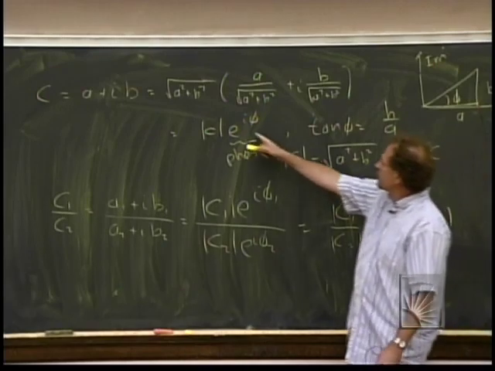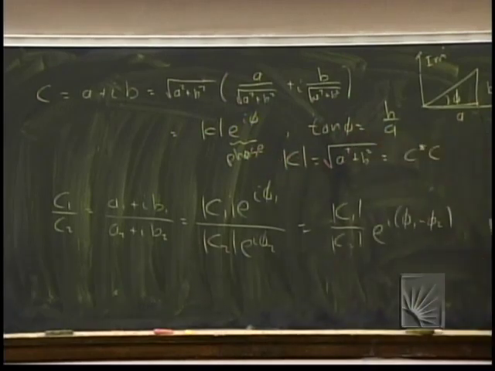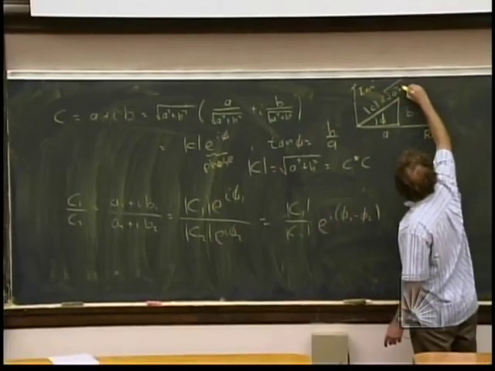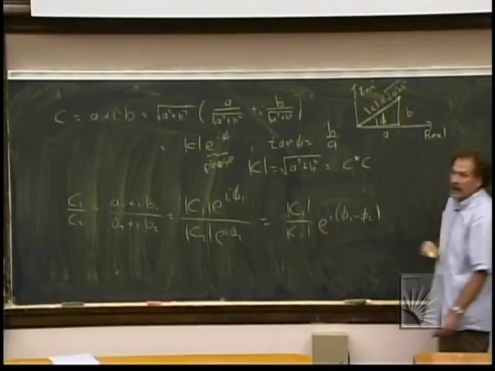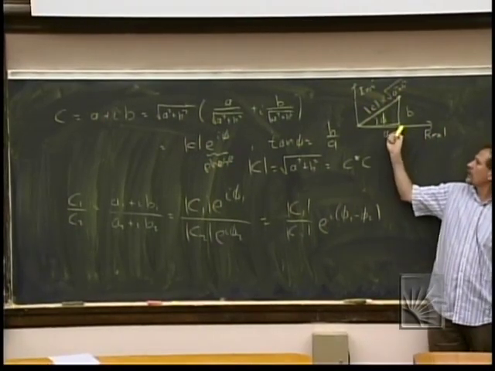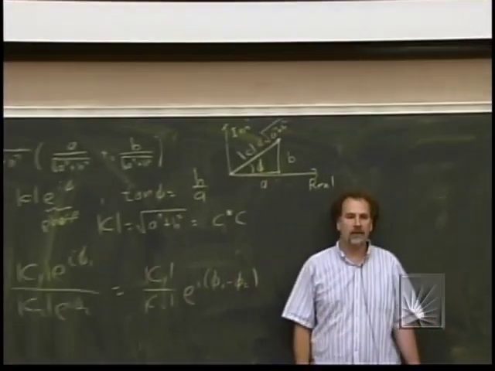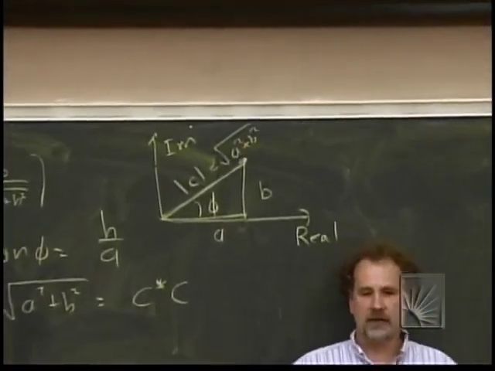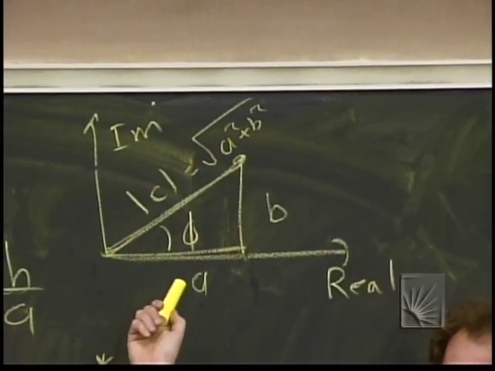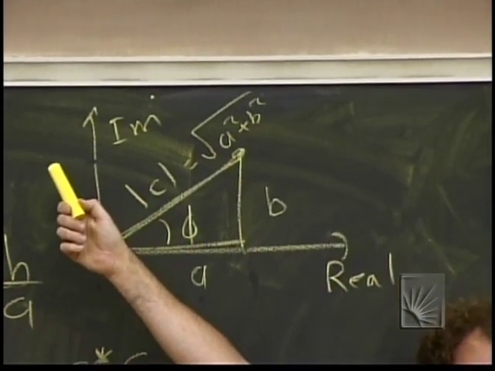Coming back to the notion that this is a phase, this is the length of c, the complex number. And the angle phi is saying whether you have a real number or an imaginary number. If phi is 0, it's just real. Basically, it's just a. If phi is pi over 2, right?